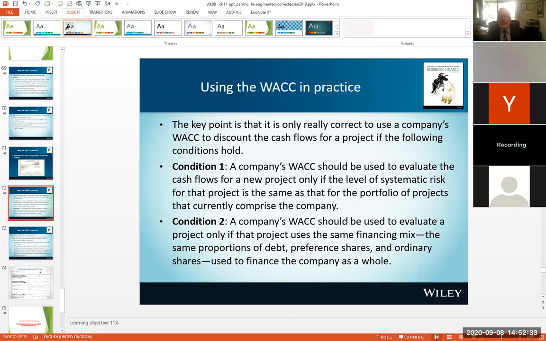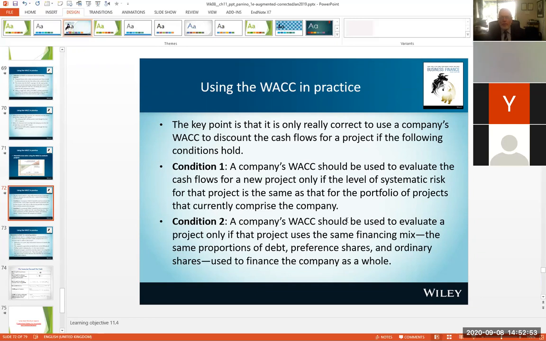Okay, this is being distilled down into a couple of conditions. The first condition is a company's weighted average cost of capital should be used to evaluate the cash flows for a new project only if the systematic risk for that project is the same as that for the portfolio of projects that currently comprise the company.